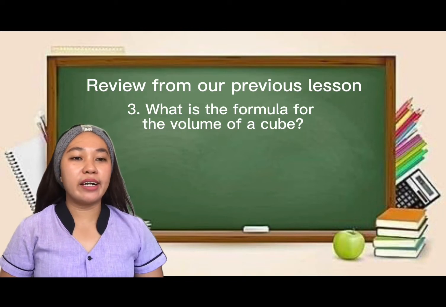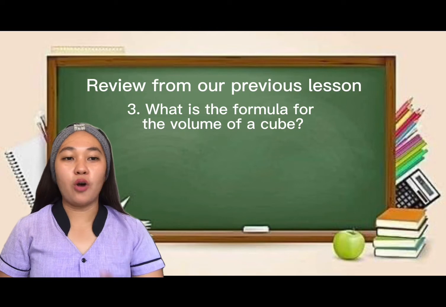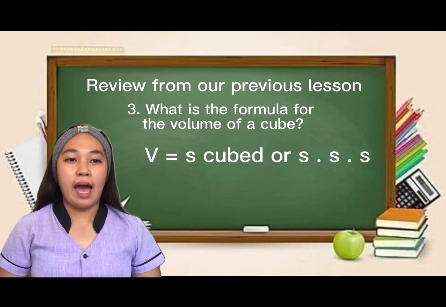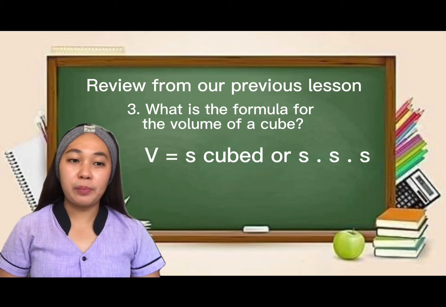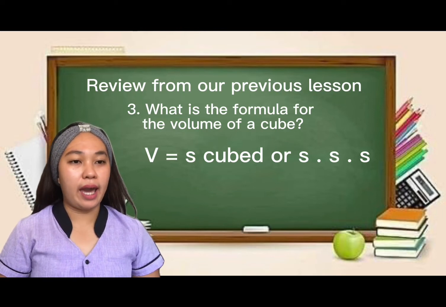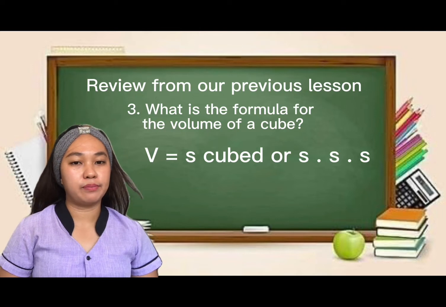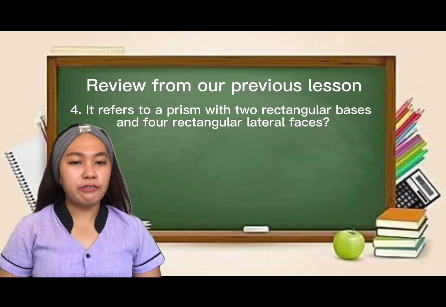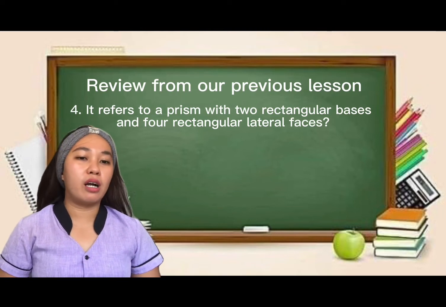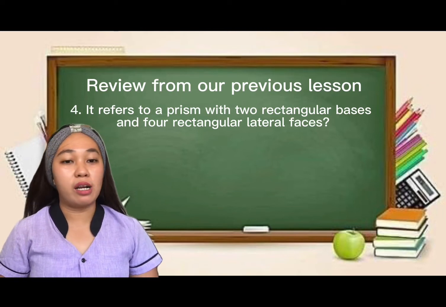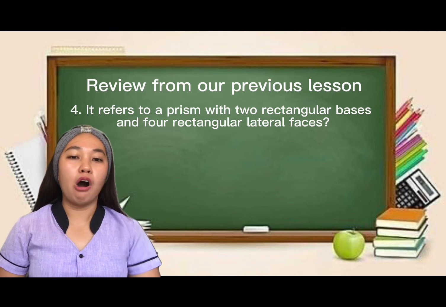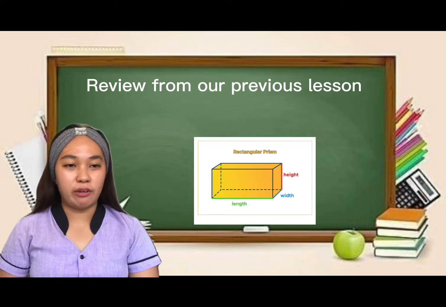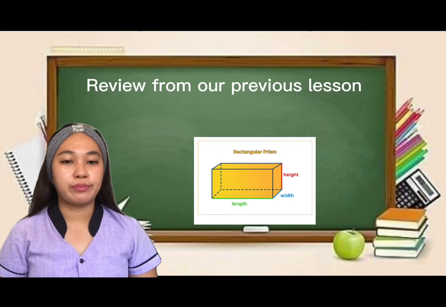Yes, Ate Claire? Okay, that's right. The volume of a cube is S cubed, or simply S times S times S. How about the one that refers to a prism with two rectangular bases and four rectangular lateral faces? Okay, Kuya? Very good. That's a rectangular prism.